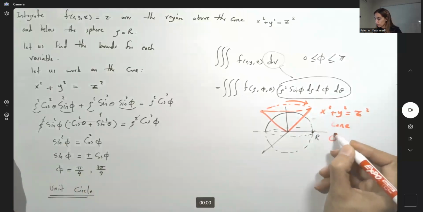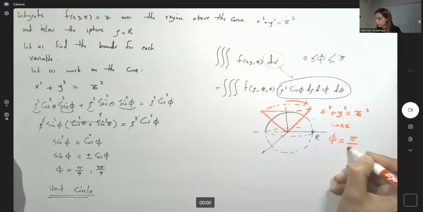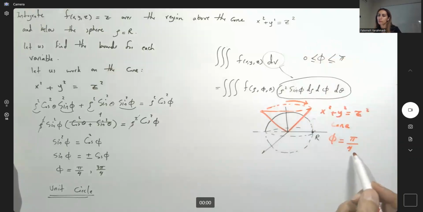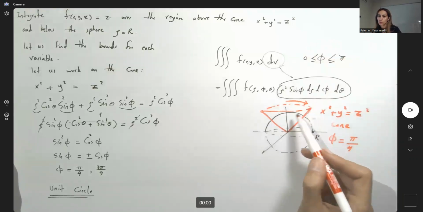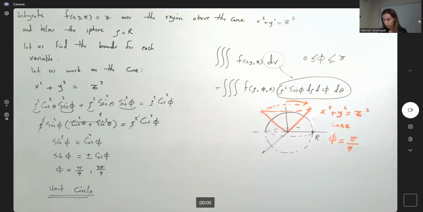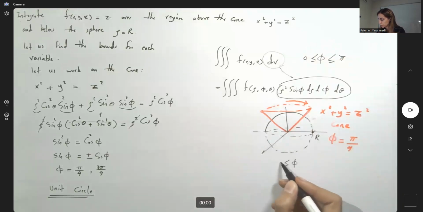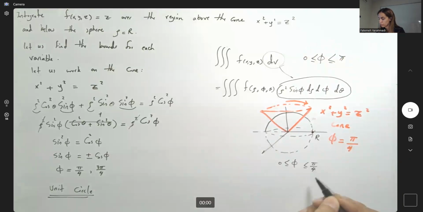These two are equivalent to each other. So on an exam or homework, if you see only phi equals pi over 4 instead of x squared plus y squared equals z squared, it refers to this cone here. Very good. So we just identified phi bounded between 0 and pi over 4.